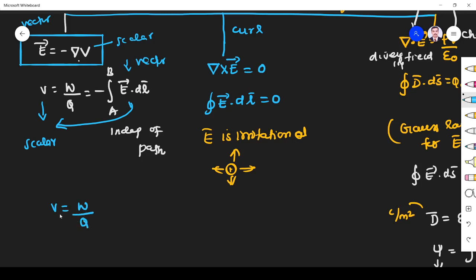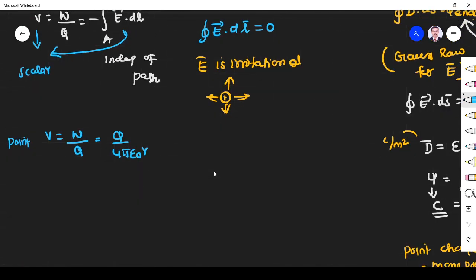Potential is a scalar quantity which explains whatever is explained by a vector called electric field. For a point charge, it is given by Q by 4 pi epsilon naught R. So this is what potential is.